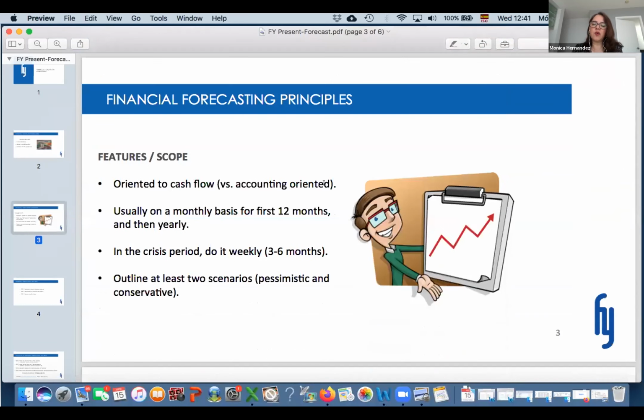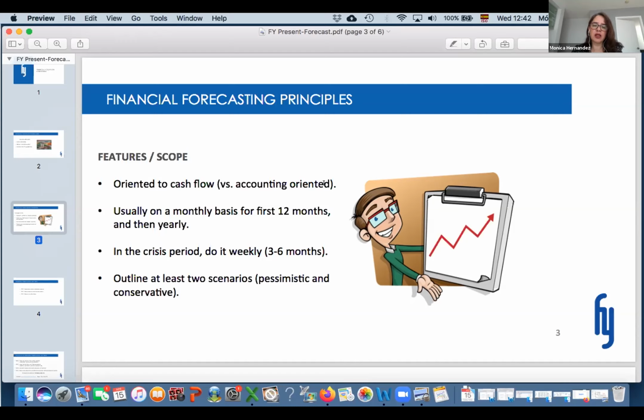When we talk about forecasting, there's a lot to say in usual or normal times. However, right now what we're going to talk about is oriented only to cash flow. We are not going to talk about forecasting financial statements or things that have to do with accounting principles. It's just cash flow.